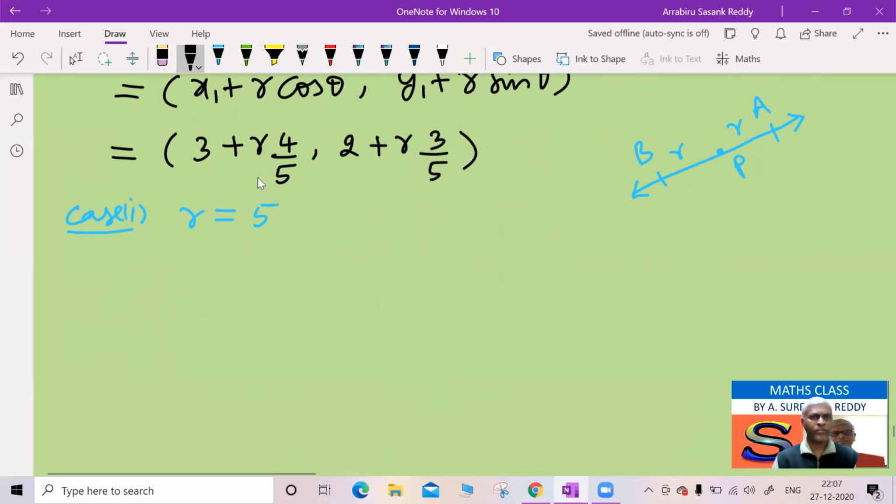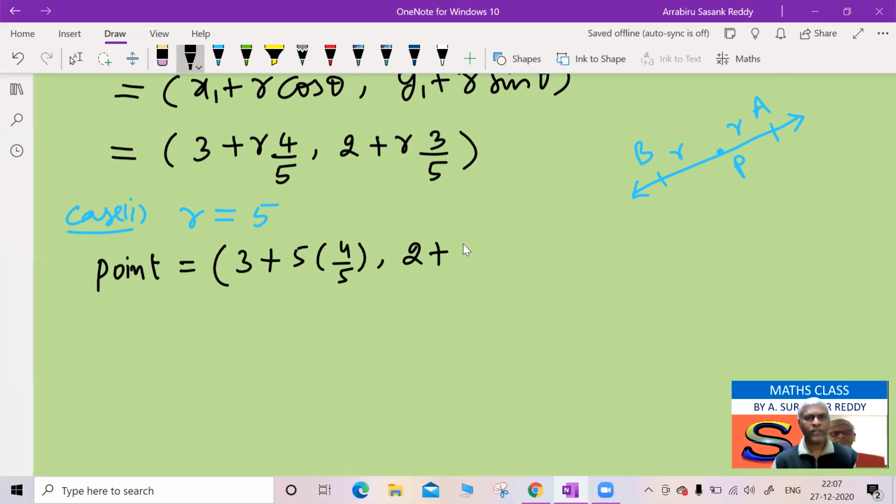If you take r as plus 5, the coordinates of the point, substituting r as 5 in the above: 3 plus 5 into 4 by 5, 2 plus 5 into 3 by 5. So here 5 will get cancelled.